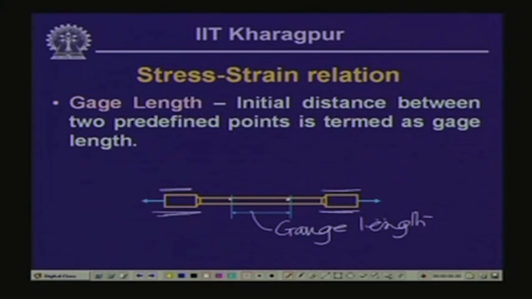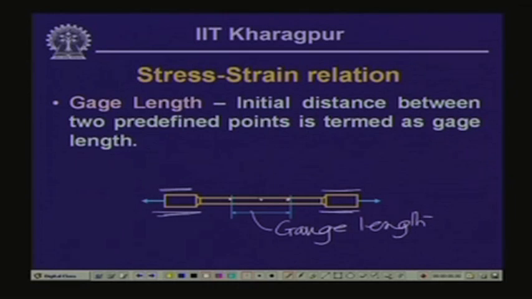Now, if we apply a pull on this bar gradually, as we have seen, the bar will undergo deformation, thereby there will be a change in the gauge length, and if we measure that increment or the deformation, then we can compute the strain.